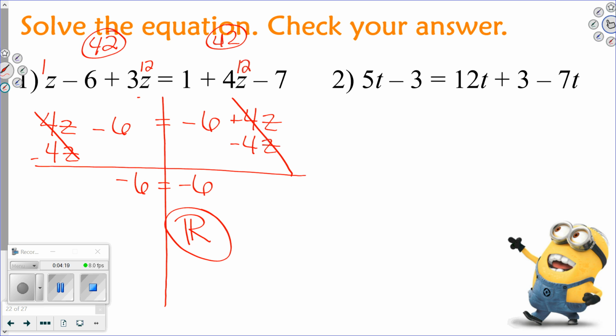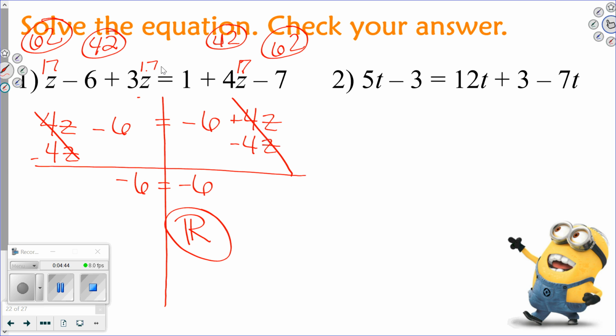I don't care. 17 minus 6 plus 3 times 17. I got 62 that time. So if I plug it in on that side, 1 plus 4 times 17 minus 7, I get 62 again.